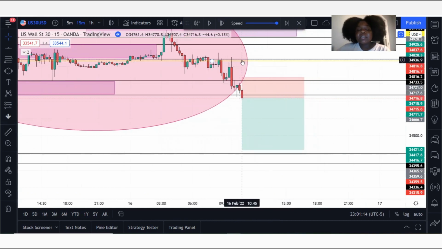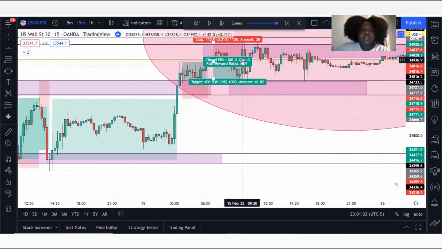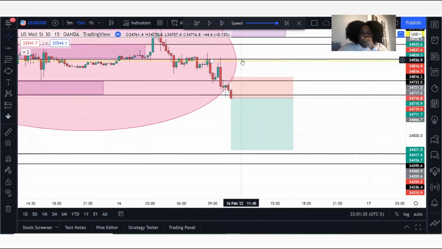The only thing about it is I'm not sure if this is a bearish enough candle. That's where I'm hesitant. But if you're not confident in a trade, just let it go. But I feel like I made over $1,000. I can risk $100. Anyways, let's see how this plays out.